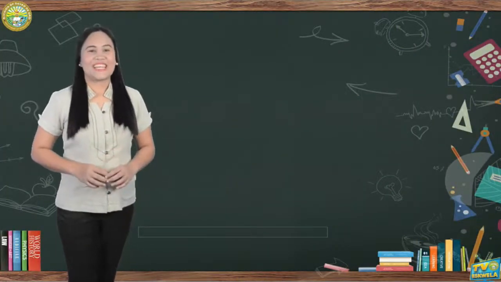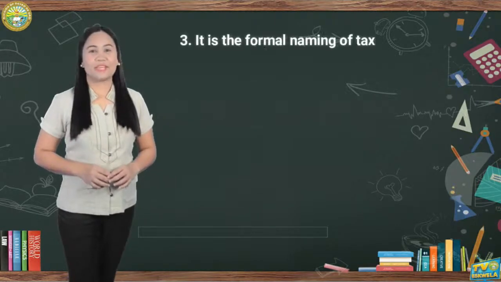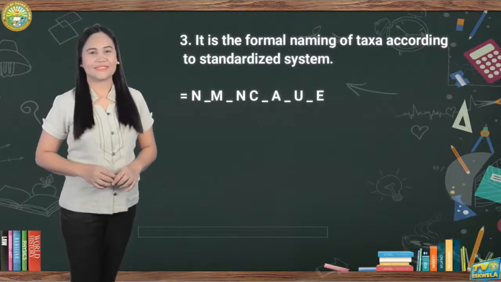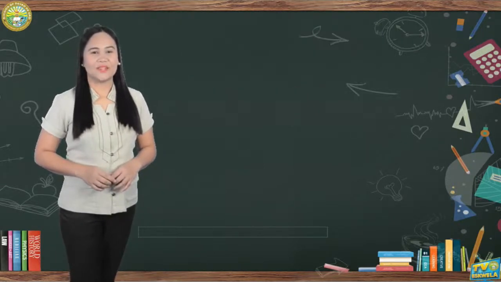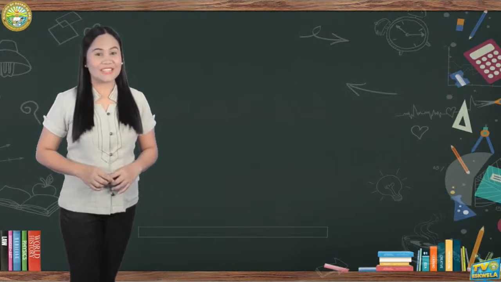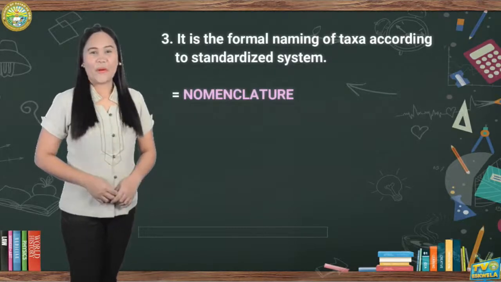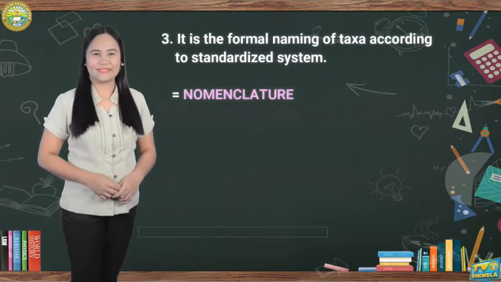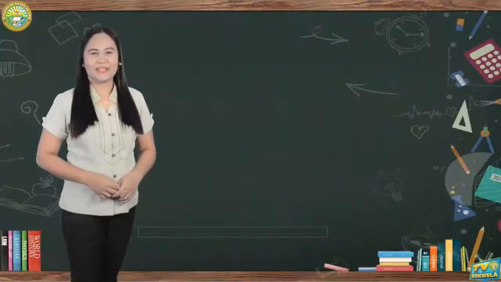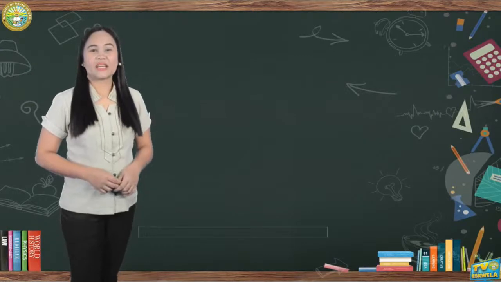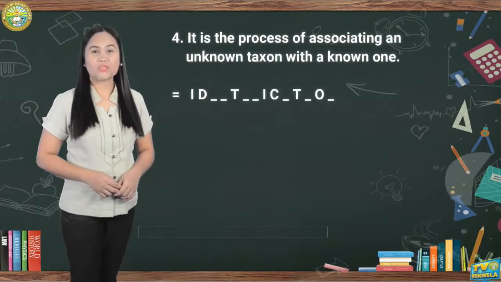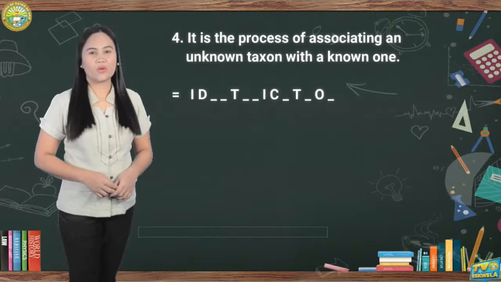Number 3. It is the formal naming of taxa according to a standardized system. Correct answer is nomenclature. Oh yes, you're right. Next number. Number 4. It is a process of associating an unknown taxon with a known one.